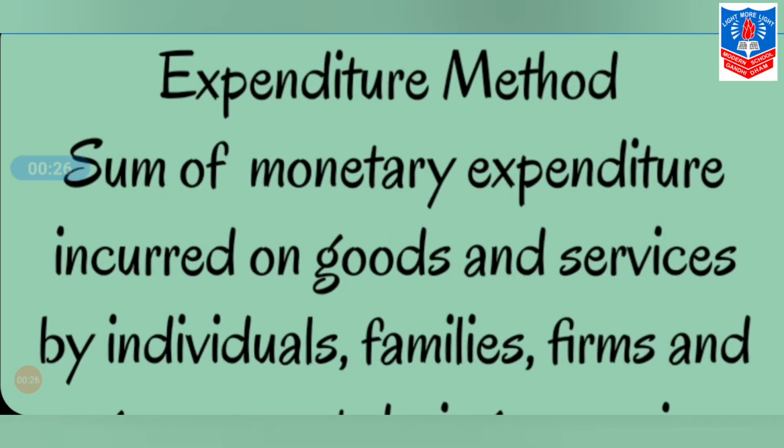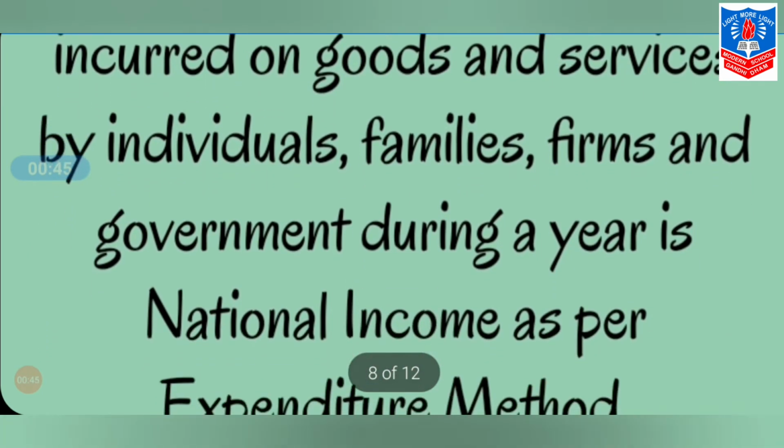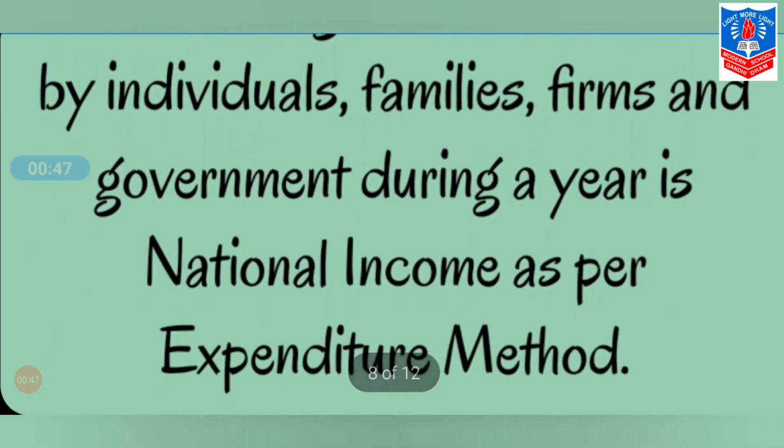This method has been developed from the definition given by Professor Fisher. The sum of monetary expenditure incurred on goods and services by individuals, families, firms and government during a year is national income as per the expenditure method.